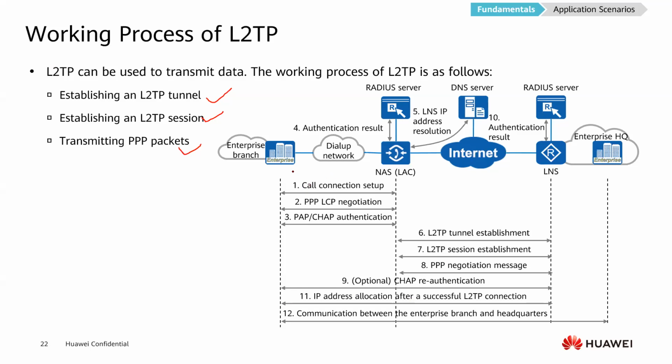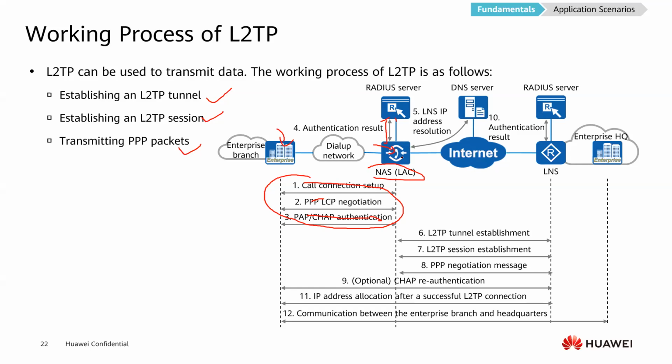The device will try to create a call connection and send the username and password to the NAS/LAC, which are in the same device, and the NAS will detect whether the username and password are okay or not.